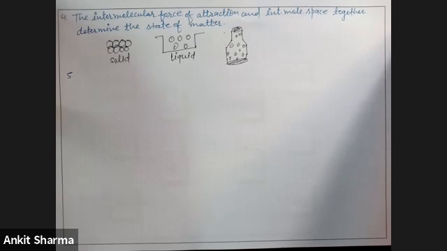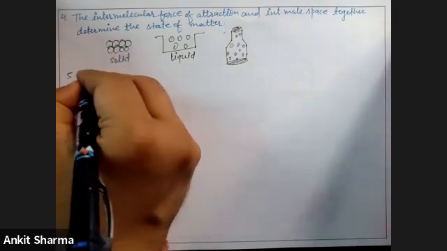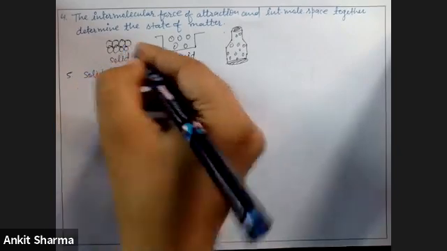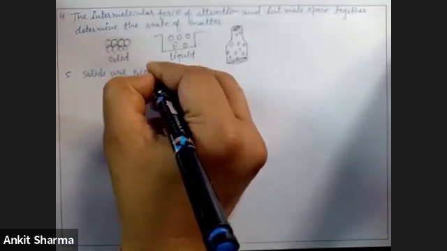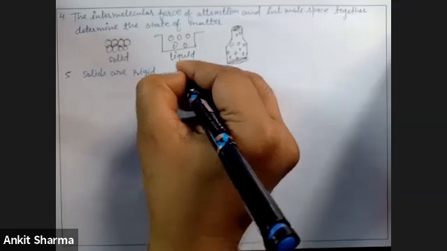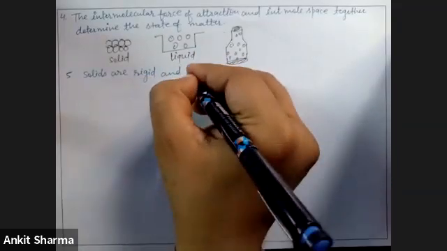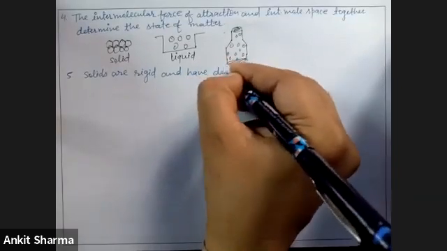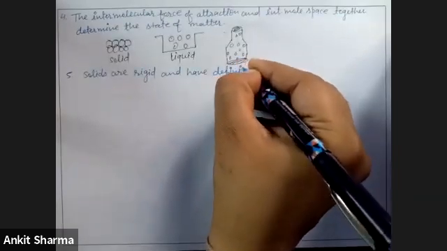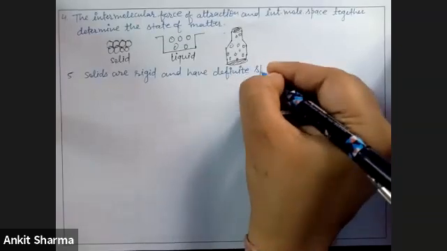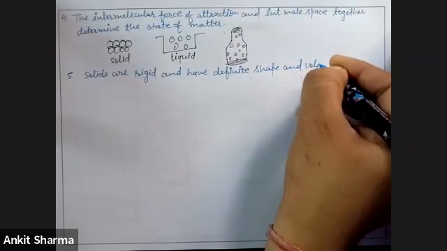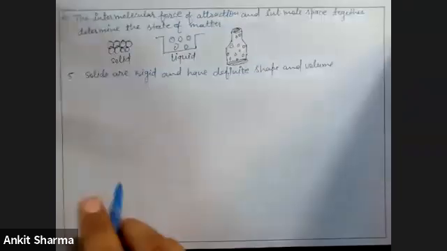So solids are rigid and they also have definite shape and volume.